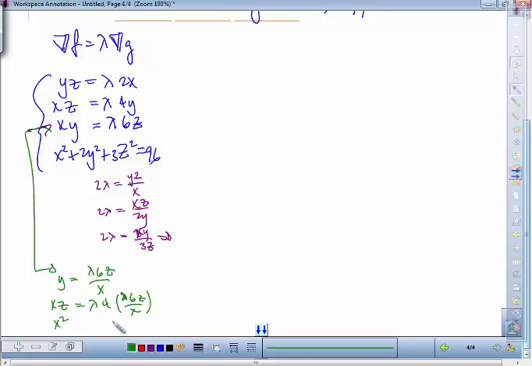X squared, the z's cancel. 24 lambda squared. Okay. Yeah. Good.